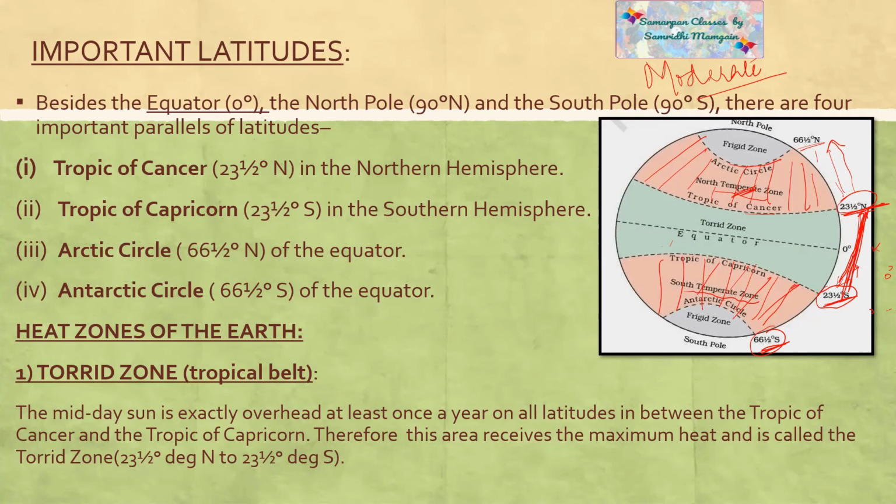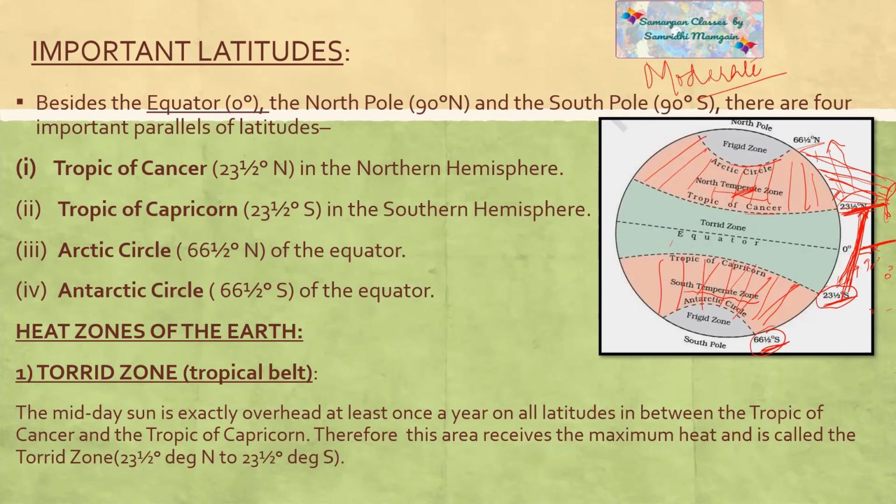I told you on these latitudes, it was making 90 degrees. But if the sun is here, its rays are falling like this on this region. Is this angle 90 degrees? The angle starts to decrease.